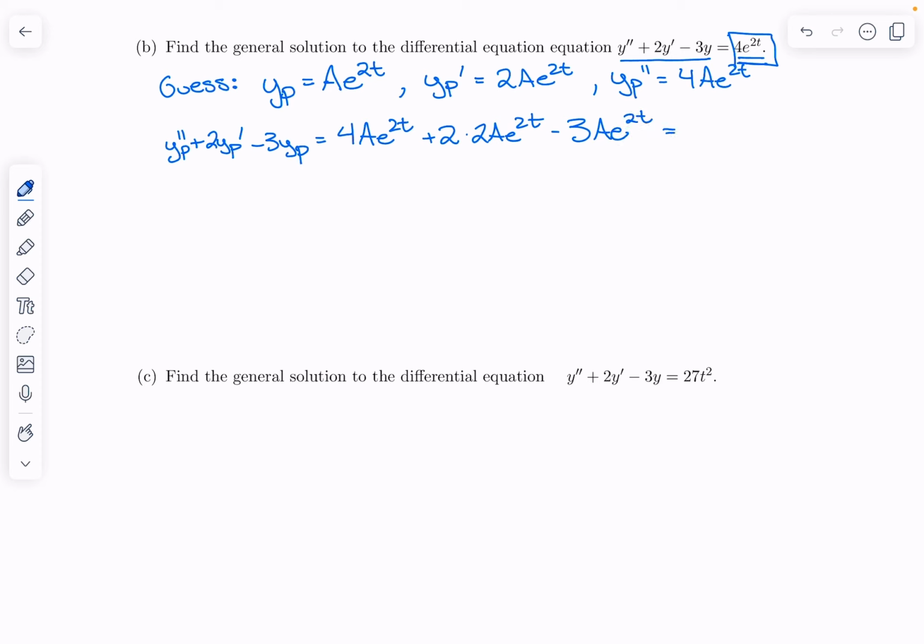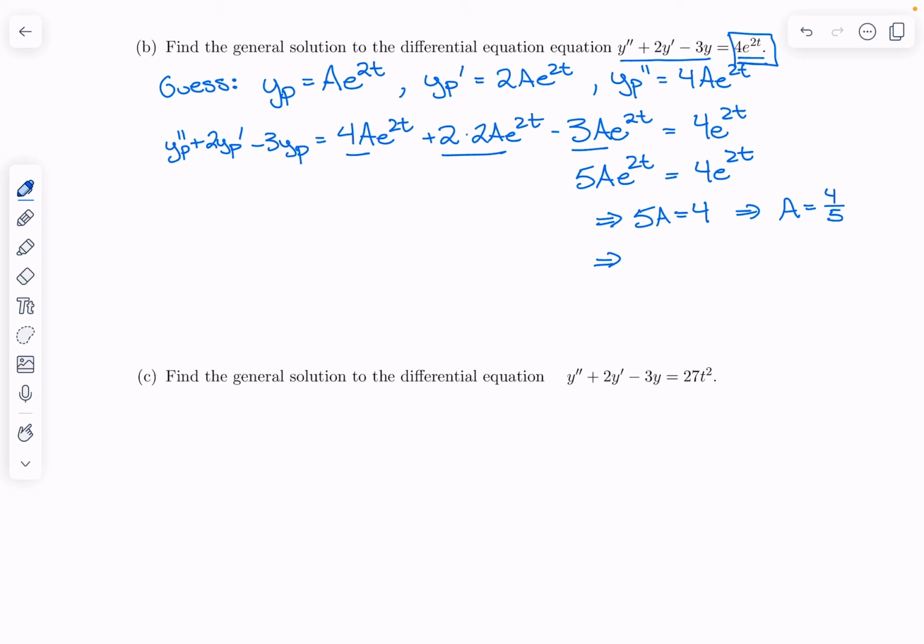And that is supposed to equal 4e to the 2t. So now I'm going to add 4a plus 4a minus 3a. That's going to tell me that 5a e to the 2t has to equal 4e to the 2t. In other words, 5a must equal 4, or a is 4/5.